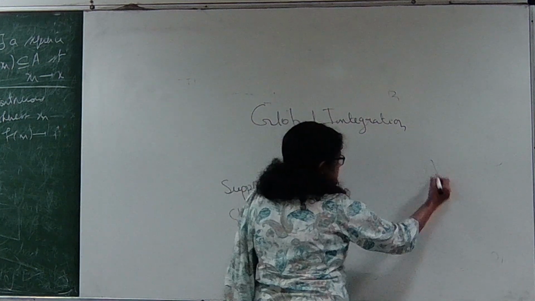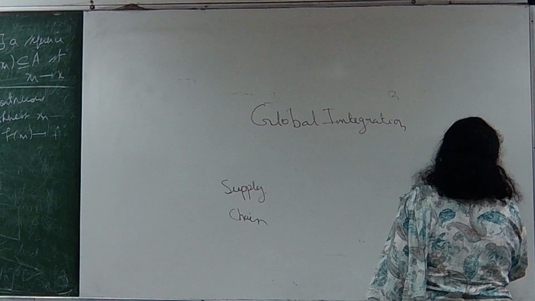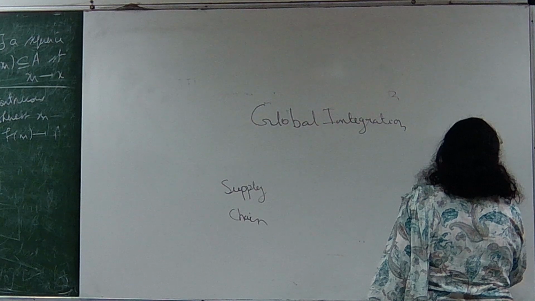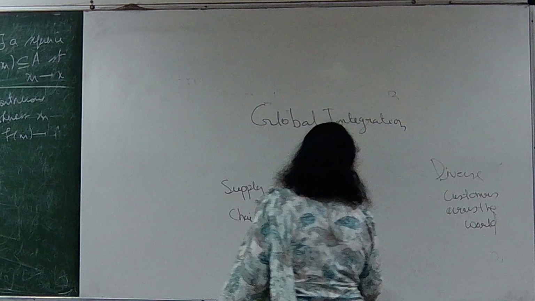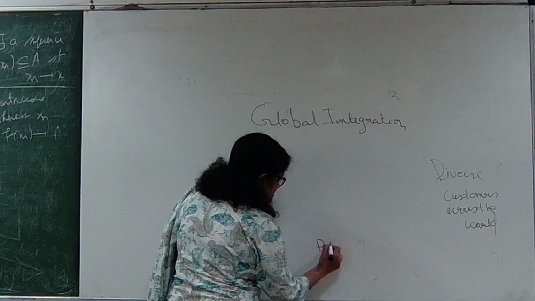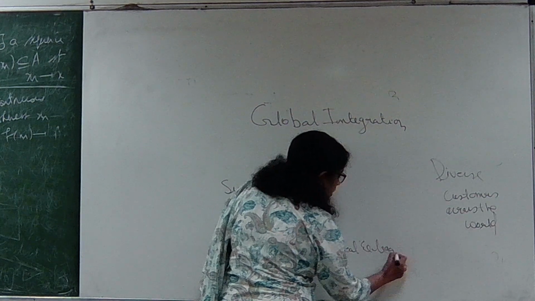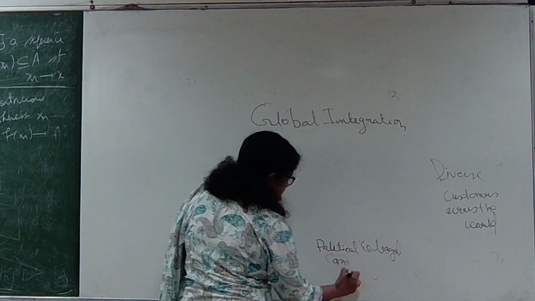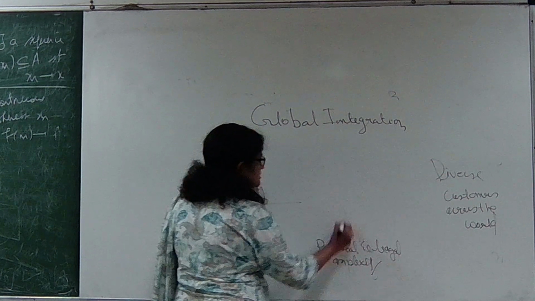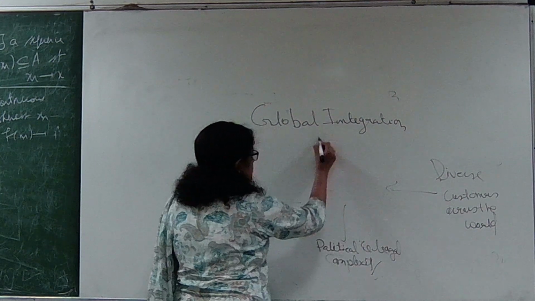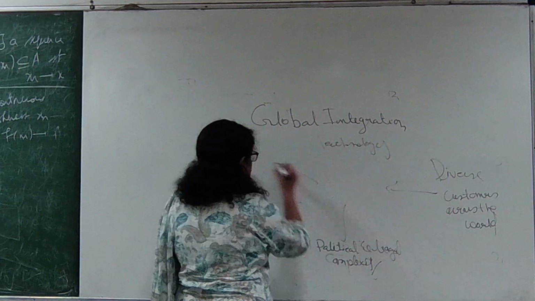You are summing diverse customers across the world. Political and legal system, political and legal complexity basically. We are summing everything. Technology. Currency.